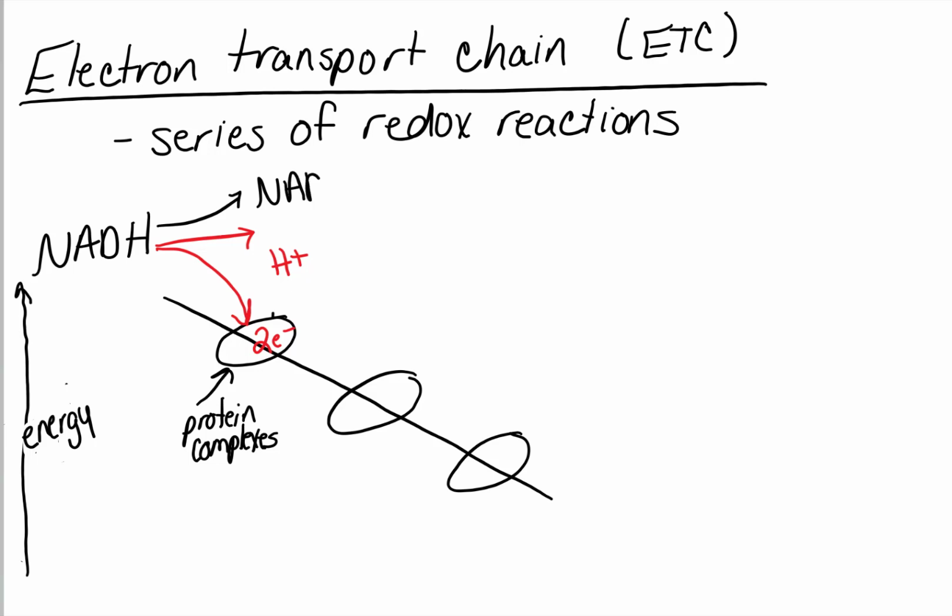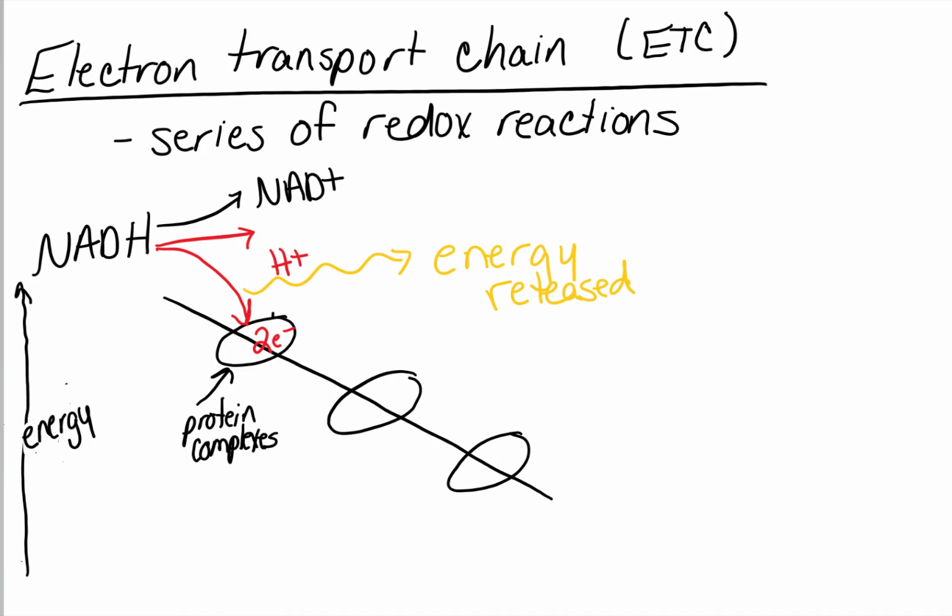It has lost electrons, and it goes back to NAD plus, and it can go back to the cell and help break down another glucose molecule through a redox reaction. And we're actually going to focus on these 2 electrons. Now we know this is a redox reaction, so as those 2 electrons are transferred, energy is being released.